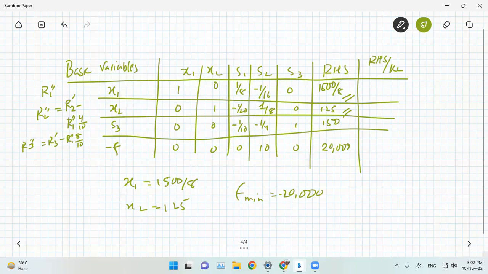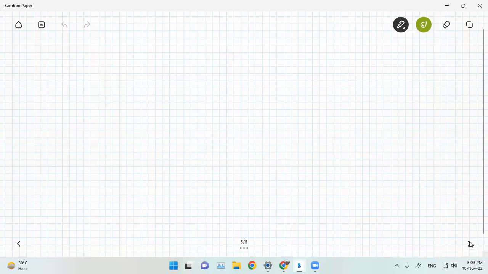Since we have 2 points, the first set of points are, say, capital X1 is 0 and 200, and capital X2 is 1500 by 8 and 125. So we have 2 points.